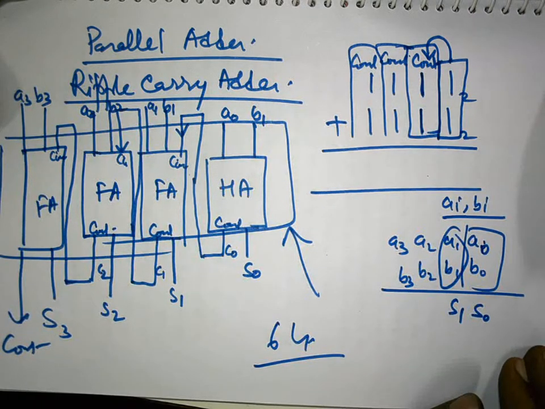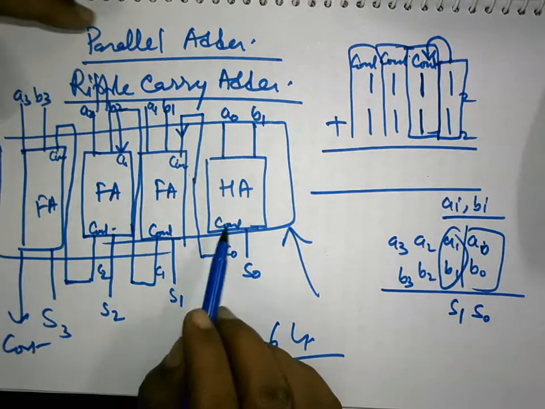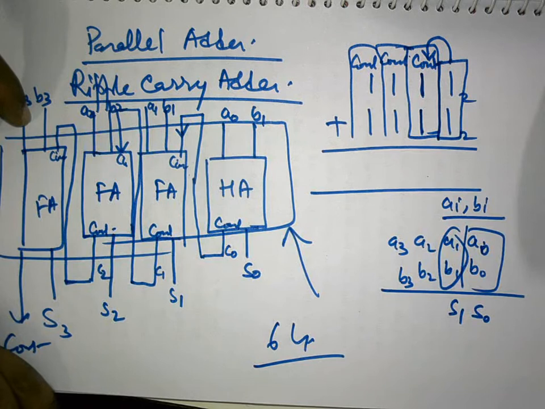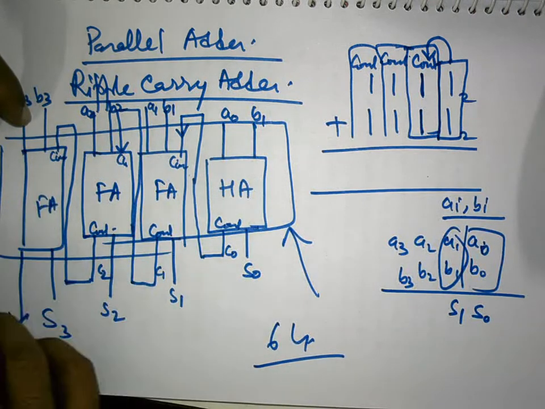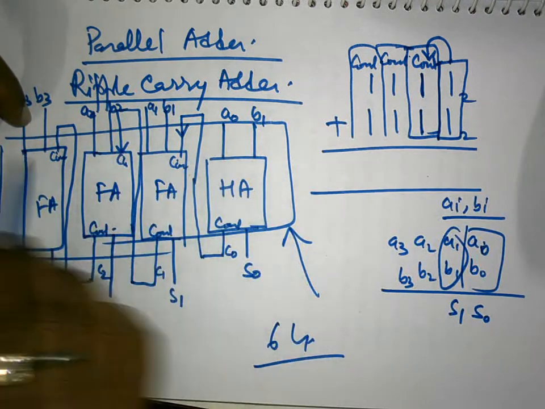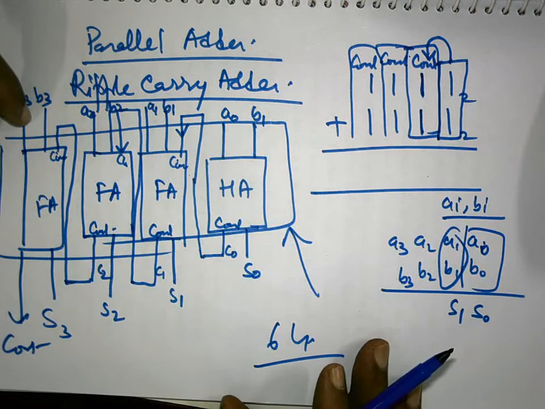If I have to make a 64-bit adder for a 64-bit processor, then naturally the 64th bit output, the final bit addition output, can be obtained only if the ripple carry flows, ripples starting from your LSB and reaches up to MSB. Here carry is rippling all the way from LSB up to MSB, and this incurs a much time delay in the circuit.